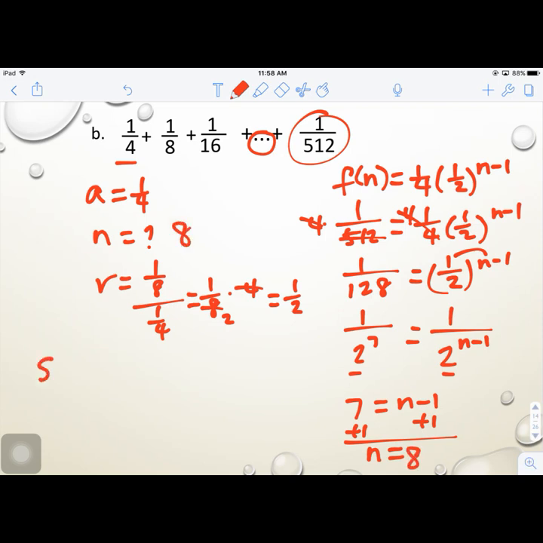We can proceed to find s of 8, which is initial value, that is actually 1/4 times the sum of 1 minus r, so that would be 1 minus 1/2, raised to the 8th power over 1 minus 1/2.